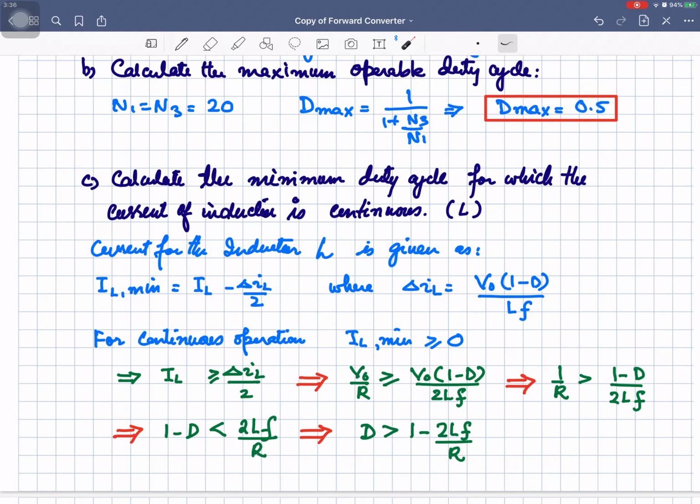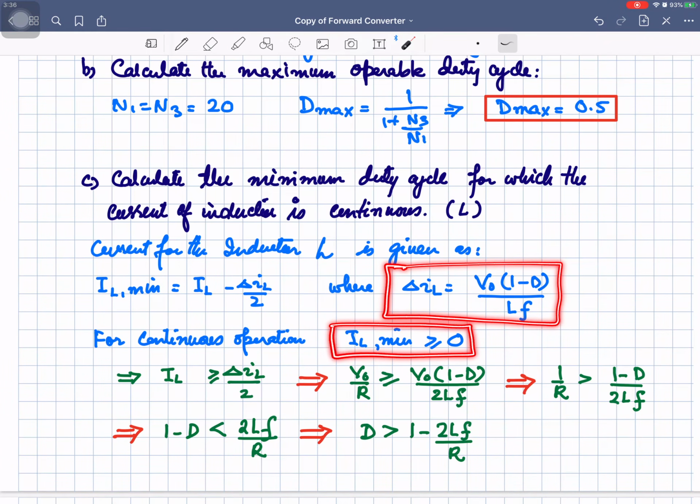Next is to calculate the minimum duty cycle for which the current of the inductor is continuous. The minimum current for the inductor L is given by this equation, and delta IL is given by this equation. Please refer to the last video. For continuous operation, this minimum current of your inductor should be greater than 0.